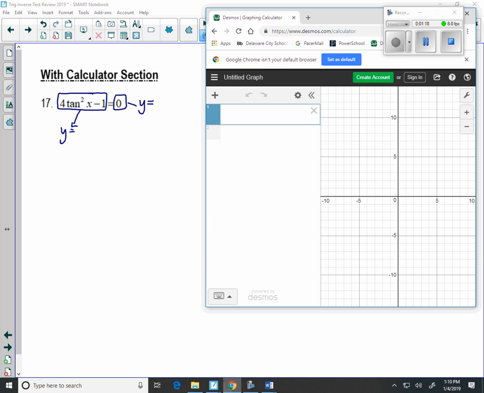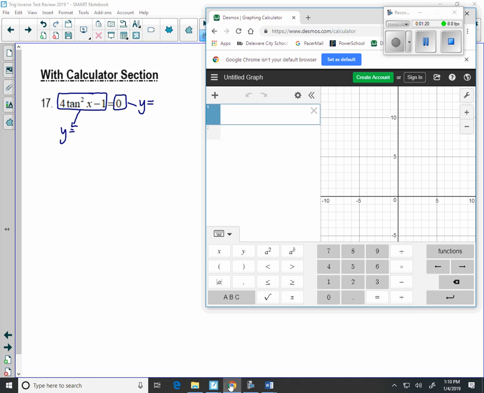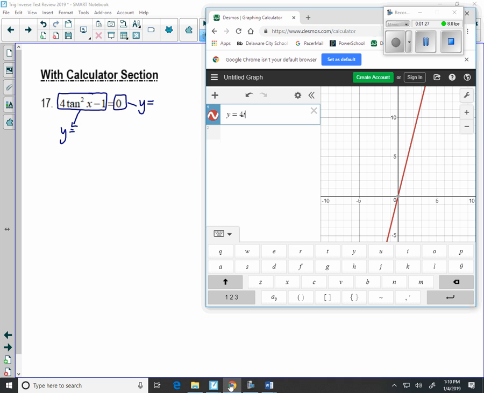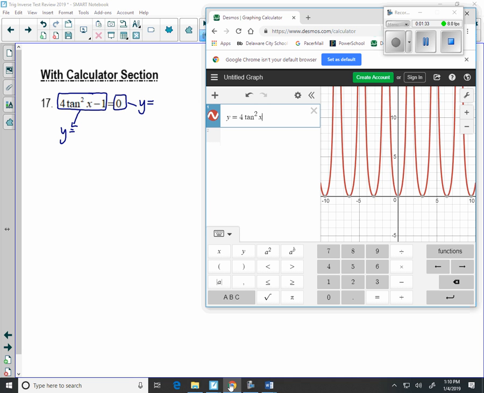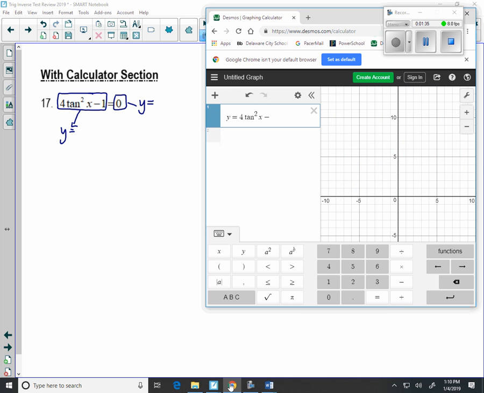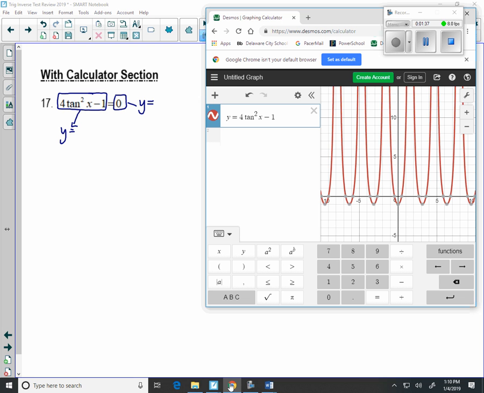So again, I'm going to show you on Desmos. I'm going to put in y equals 4 tan squared of x minus 1. And my solutions are where my graph crosses y equals 0.